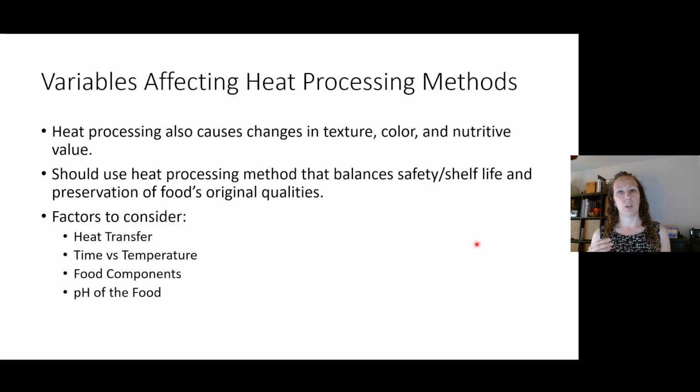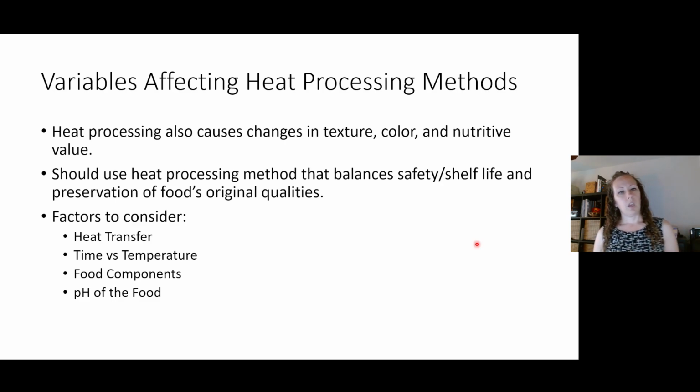It's going to cause changes in color, browning in fruits and vegetables, for example, and it will cause change in nutritive value because we know that some of our vitamins and minerals are susceptible to heat and lose their effectiveness if they are heated.